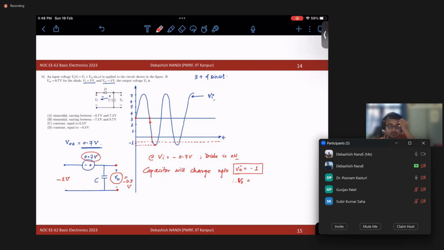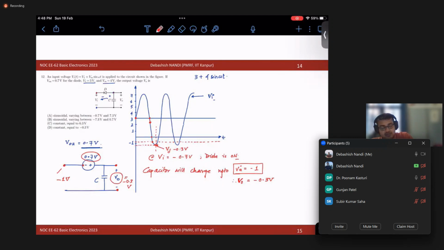Is it clear? Okay. So your VO will be minus 0.3 volt. At this point, my VO is minus 0.3 volt. Now for the diode to conduct, what should be my this node voltage?